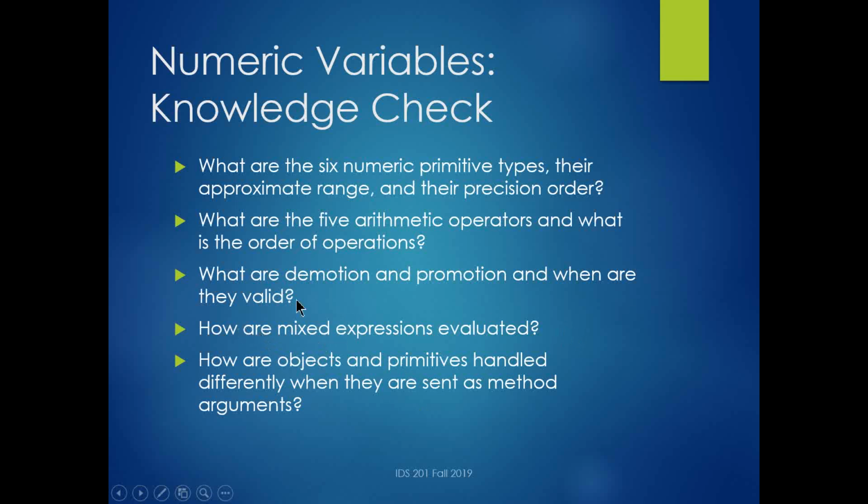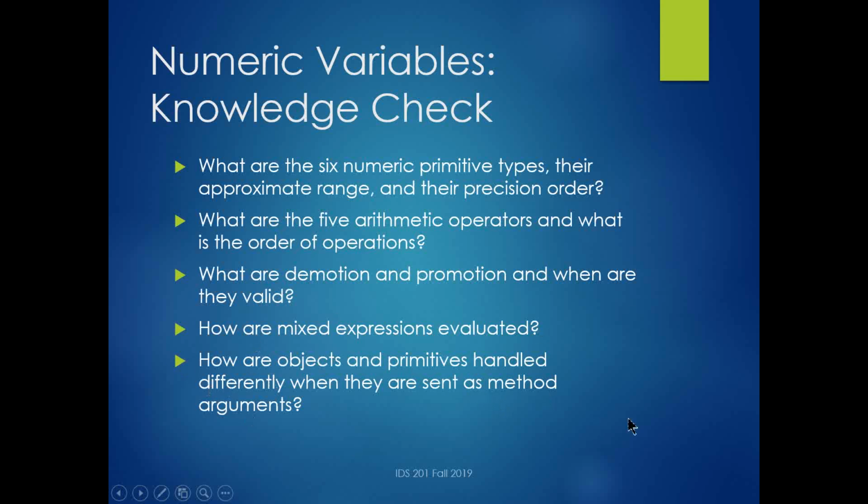Next one, how are mixed expressions evaluated? Well, anytime you're doing a calculation, whether it's an intermediate calculation or a final calculation, if the expression involves two different numeric types, the result is always in the form of the highest precision type. So for example, if you have an int plus a long, the result is a long. If you have an int times a double, the result is a double, and so on.